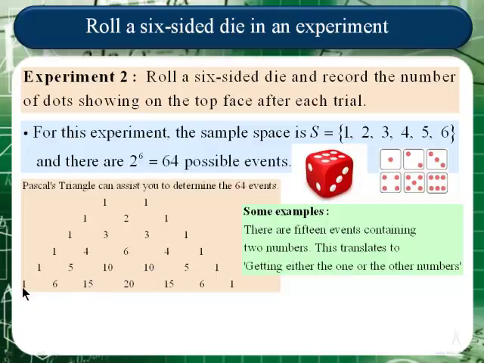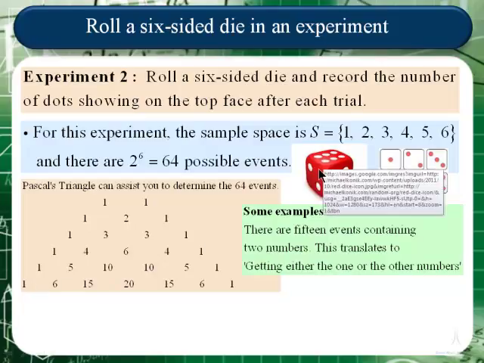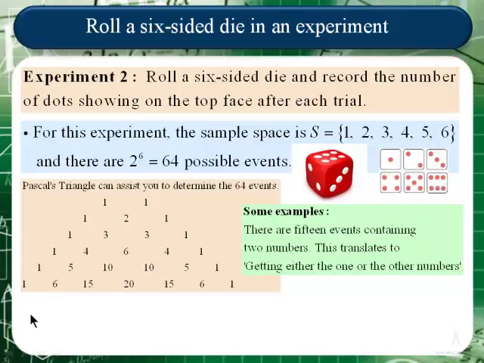For instance, that one will mean getting none of the 6 numbers. It is possible to roll a die so that it ends on its corner, against some object. Or you can roll it and get either a 1, a 2, a 3, a 4, a 5, or a 6. That's that 6.